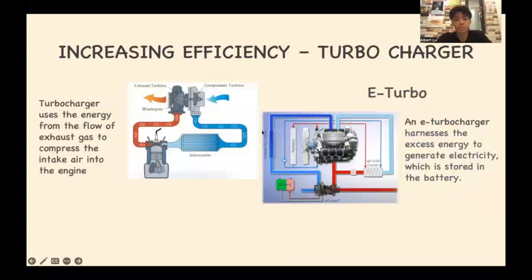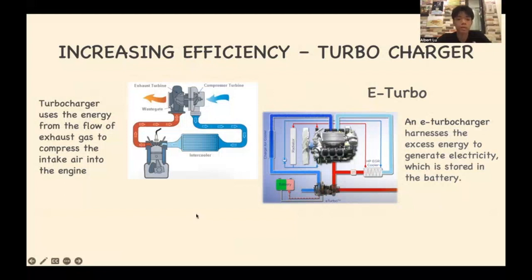Lastly is the turbocharger. The turbocharger uses energy from the flow of exhaust gas to compress the intake air into the engine. In this chart, we can see the exhaust gas in red coming out from the piston, and then the blue intake air being sucked in by the rotating turbo and compressed into the piston.